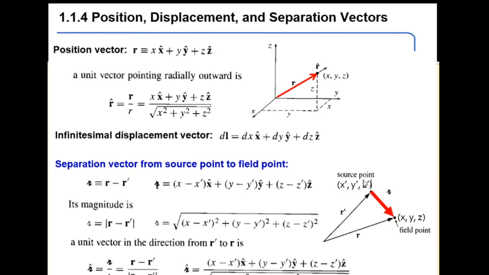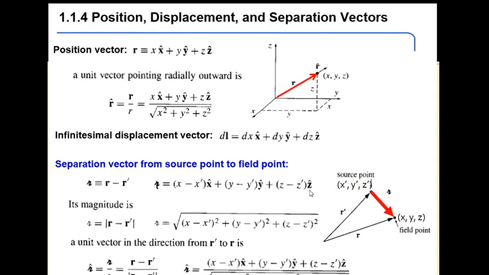In a notebook, it is a small r with an arrowhead sign, and it is the difference of the two vectors, r minus r prime: the head position vector minus the tail position vector. The coordinates of the head are x, y, z, and the tail coordinates are x prime, y prime, z prime, so you take the difference of the coordinates along x cap, y cap, z cap.